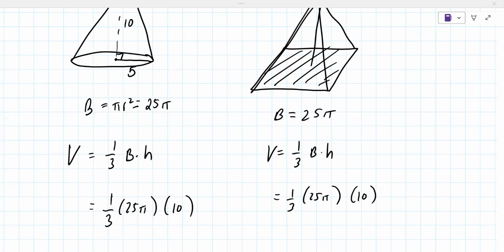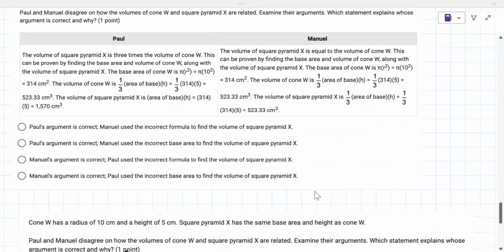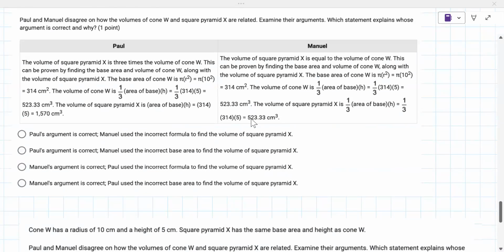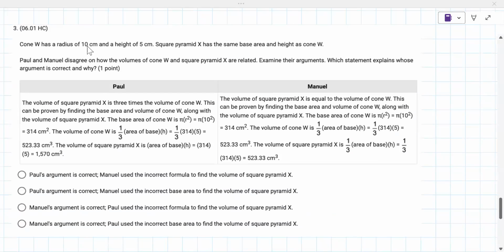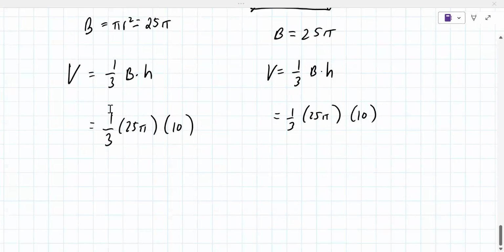All right, I got 262, rounded, 261.7. Oh, I'm sorry, I used the wrong number.